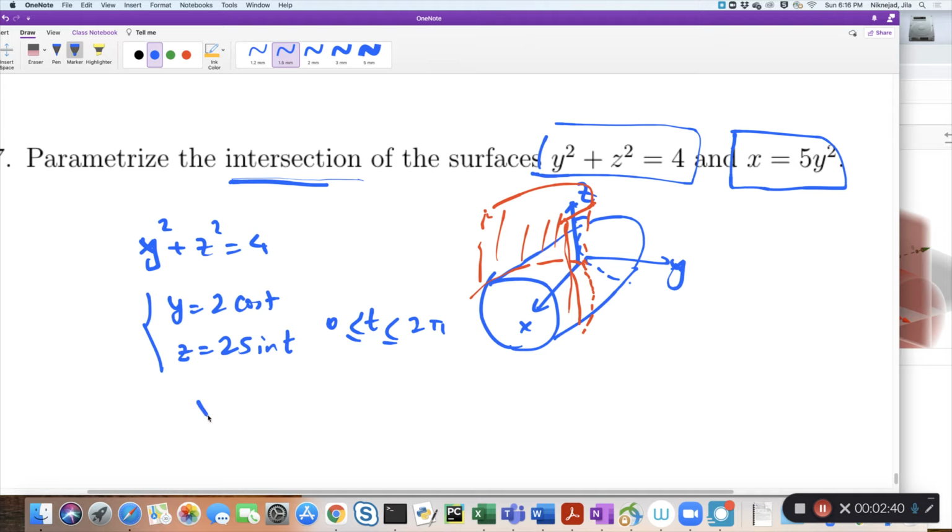I already parameterized two of my variables with this t. What is remaining is x, but x also is equal to 5y squared. So 5y squared, what is y? 2 cosine of t, so it's 5 times 2 cosine of t to power 2, which is 4 times 5, 20 cosine to power 2 of t.